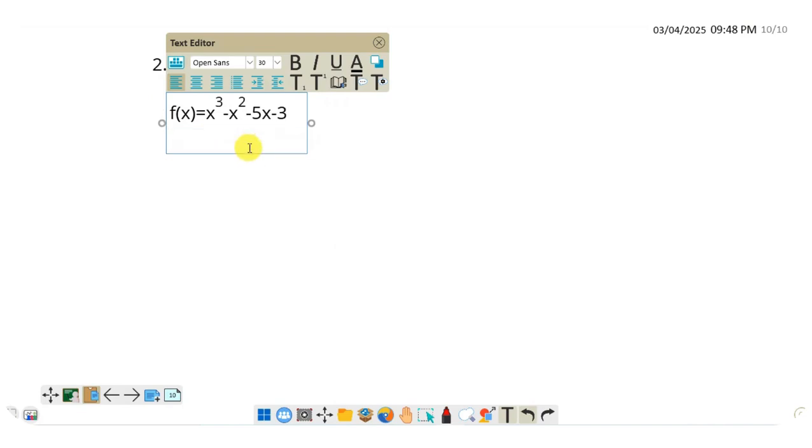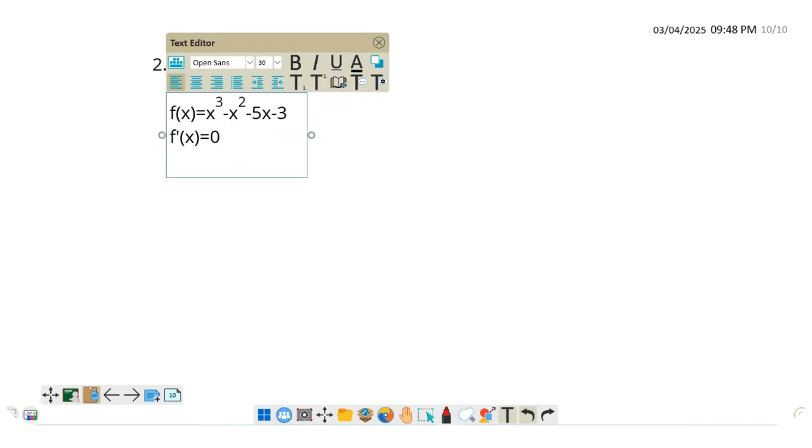And then that is what you put to find the turning point. We set that equation to 0, because our gradient is 0 at the turning point.